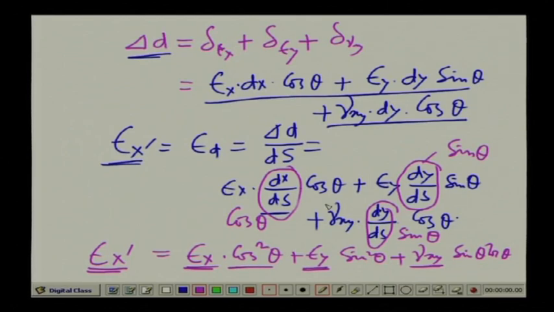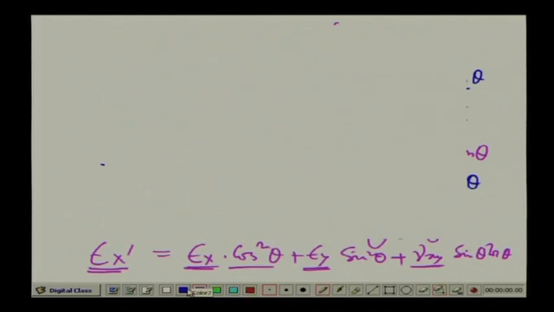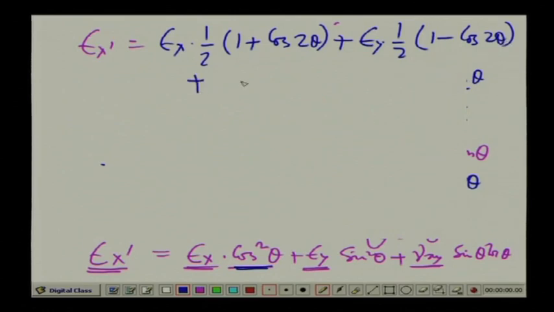Writing cos square theta in terms of cos 2 theta, let us write epsilon x dashed as epsilon x, in place of cos square theta, we write half into 1 plus cos 2 theta, plus epsilon y times half into 1 minus cos 2 theta, plus gamma x y by 2. Now, twice sin theta cos theta will give sin 2 theta.